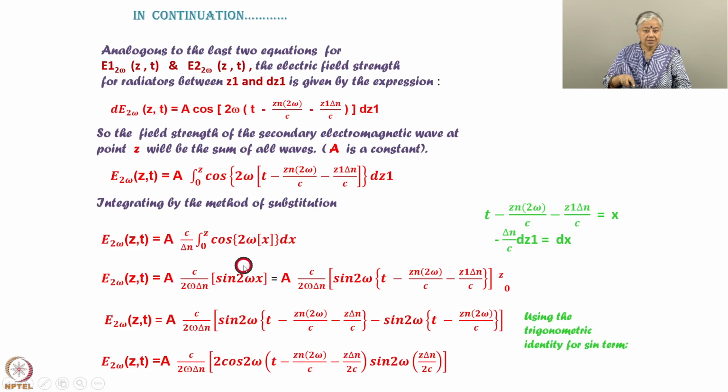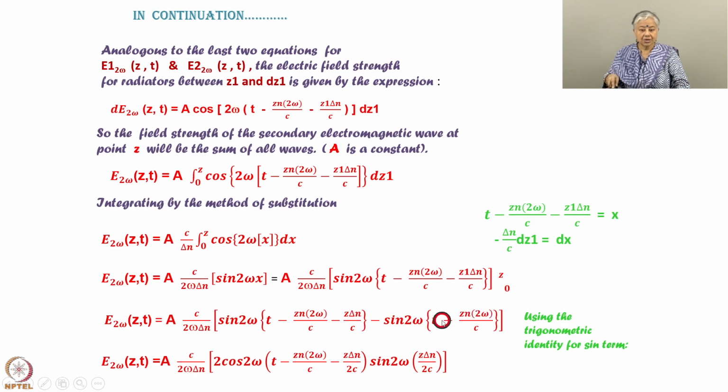Now it looks like a simpler integral, and the integral of cos A is sin A. So, here I have sine of 2 omega x. I will put back that x once again, just plain substitution. Now, I must do it between 0 and Z, all these small points between 0 and Z. So, I will have A times sine of this term minus sine of this term.